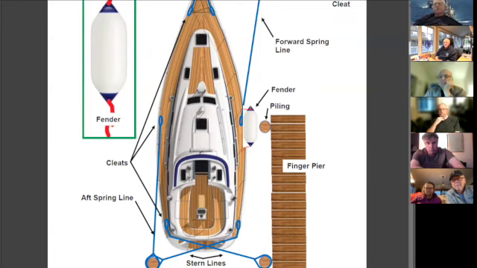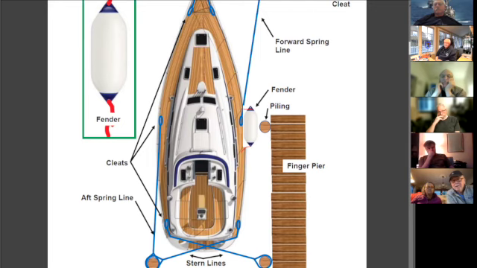I was just also going to say that not every boat comes equipped with cleats midship for spring lines. But sometimes you can be equipped, like we have a Catalina 320, and it did not have midship cleats for spring lines, but we were able to purchase them and have them installed on our tracks.